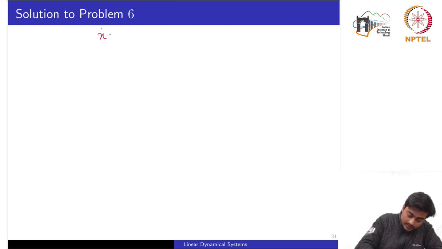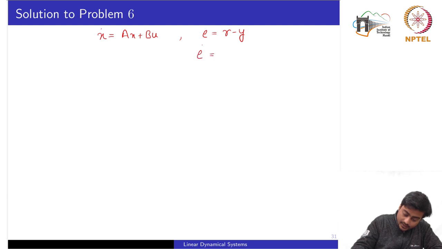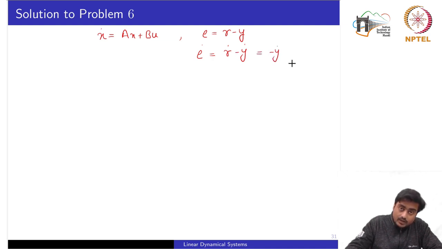We would have the first, x dot is equal to Ax plus Bu. E we have defined as r minus y. So if I take the derivative of this error, I would get r dot minus y dot. Since r is a constant signal, the derivative of r becomes equal to 0, and we would have minus y dot.